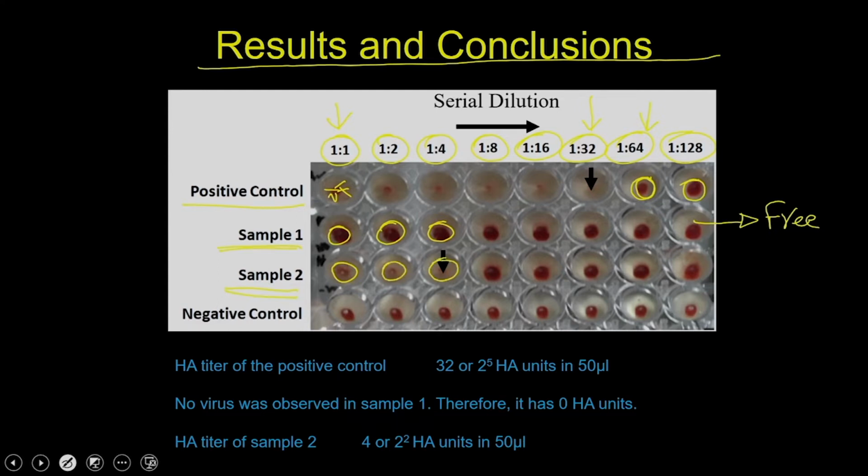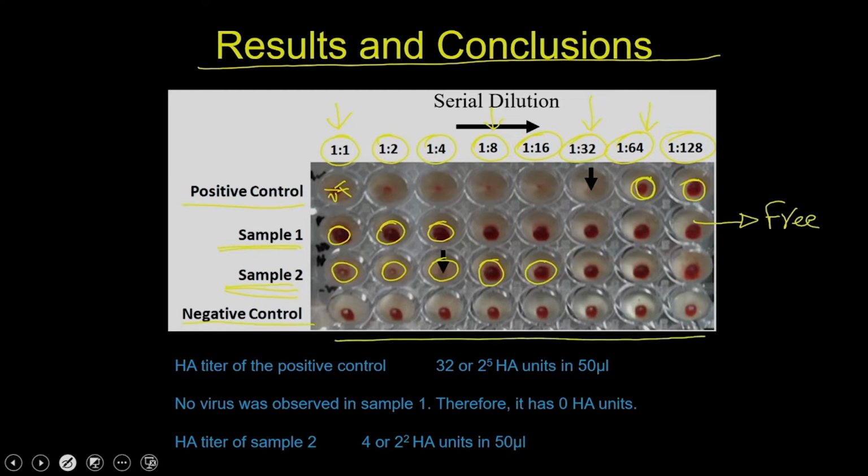But from 1:8, you start getting the RBC button, which indicates that the virus has a titer of 1:8 in sample 2, whereas the negative control shows you the RBC button from top to bottom.